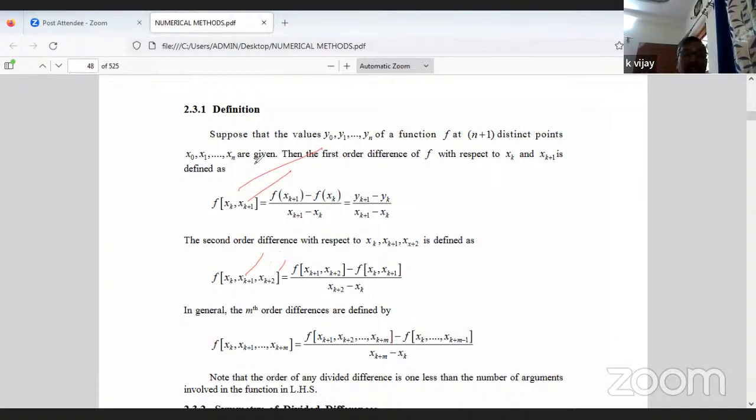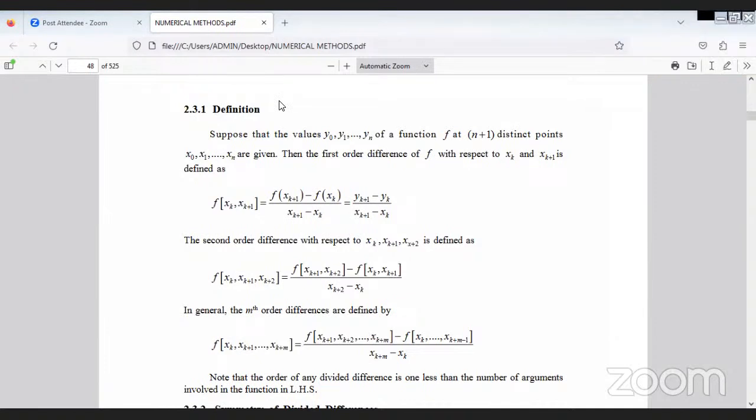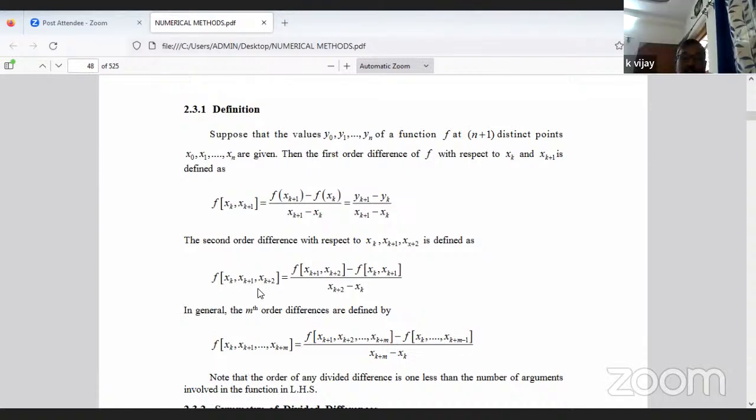So in the general case, the nth order differences are defined by f of xk, xk plus 1, xk plus 2, and so on up to xk plus m. We take the mth order difference f of xk plus 1 up to xk plus m, minus f of xk up to xk plus m minus 1, and the denominator is xk plus m minus xk.